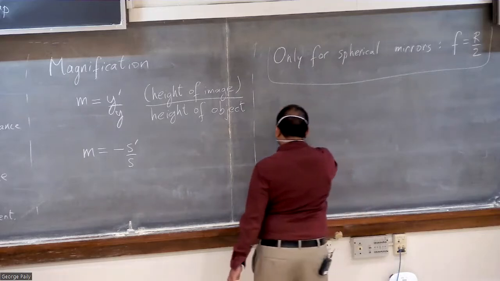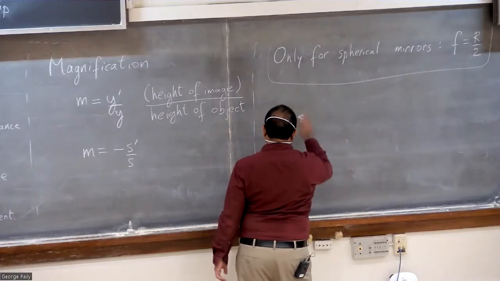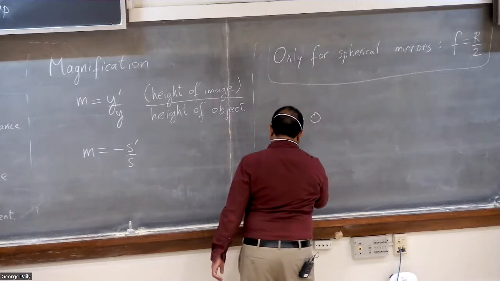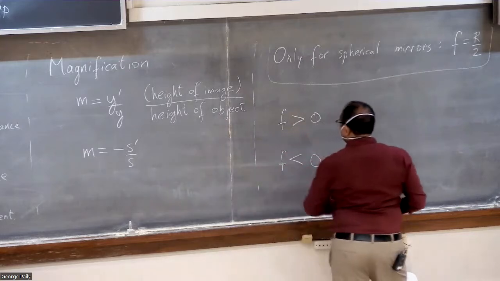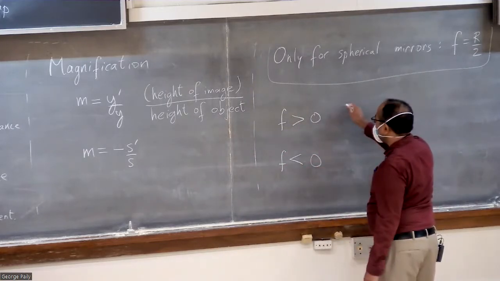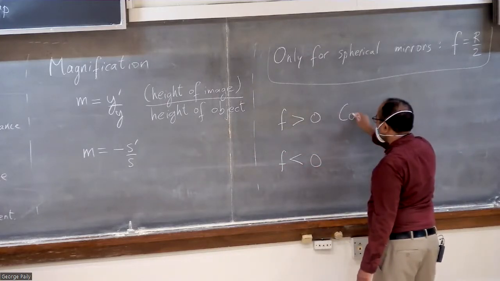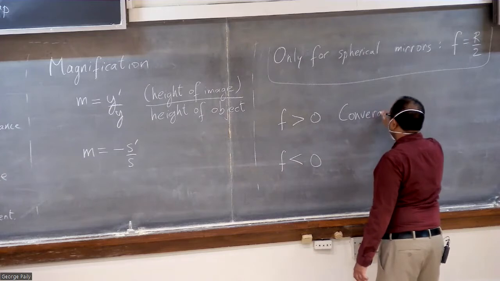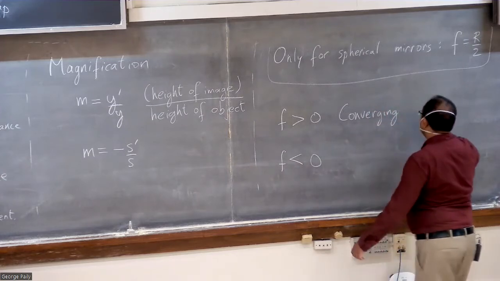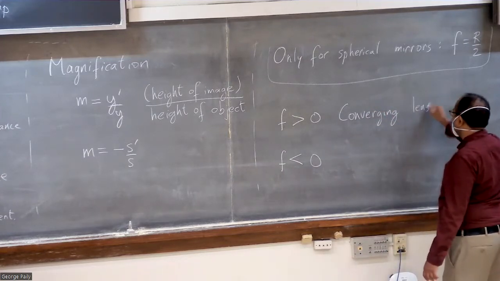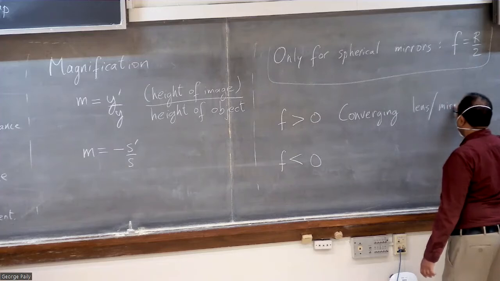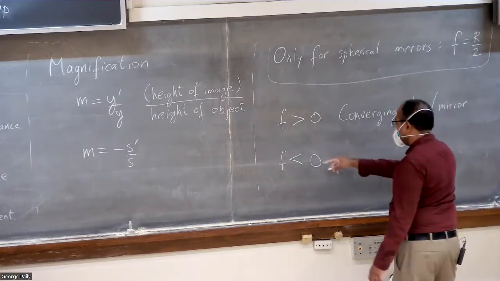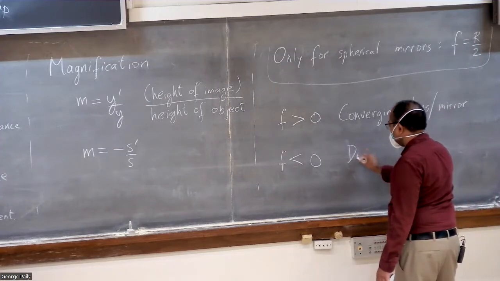But then again, for both mirrors and lenses, we have the convention about the sign of F. So F greater than 0 is for a converging lens or mirror. And then F less than 0, negative focal length, is for diverging.